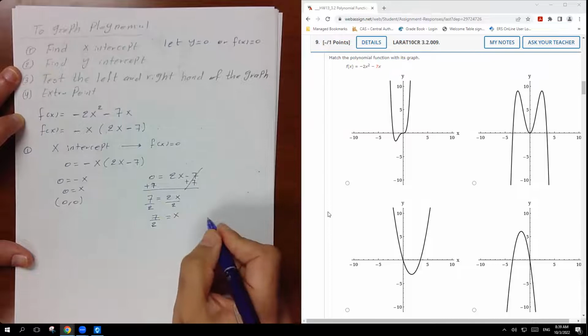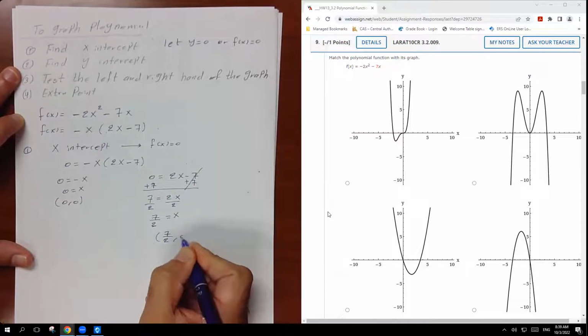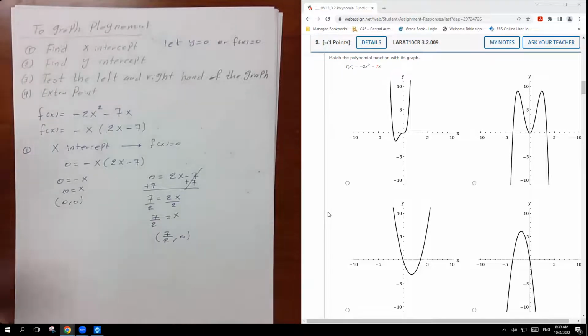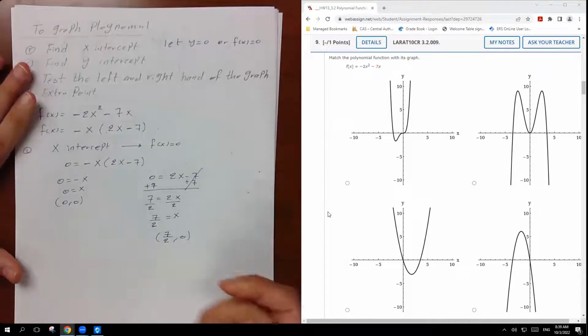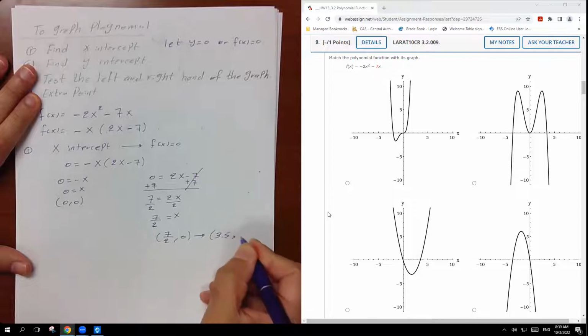So the second x-intercept is 7 over 2 and 0. If you divide 7 by 2, it's going to be 3.5. When you graph it, you're going to say 3.5, it's easier to graph with the decimal.